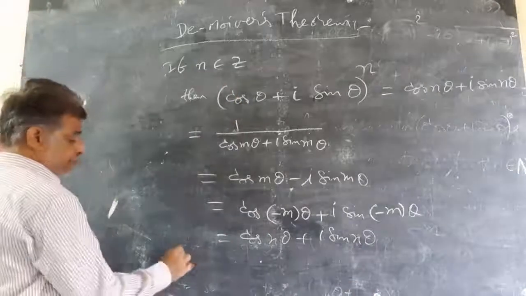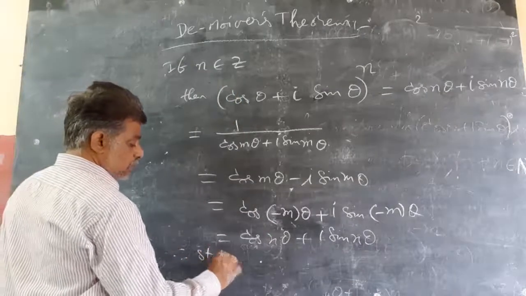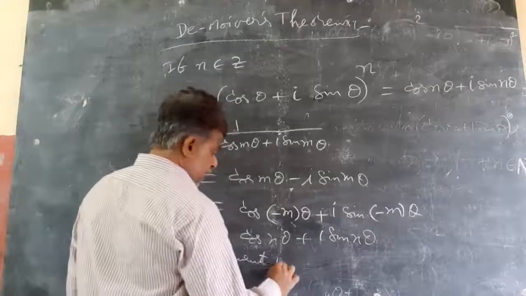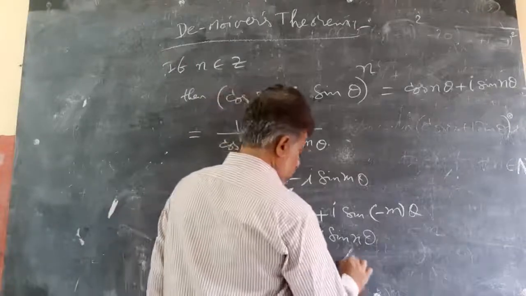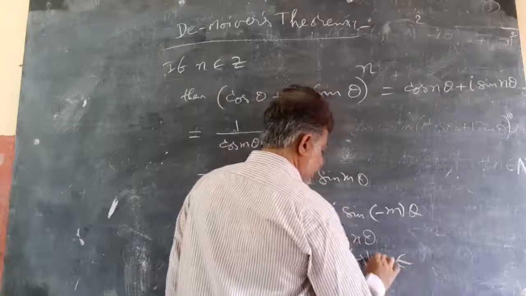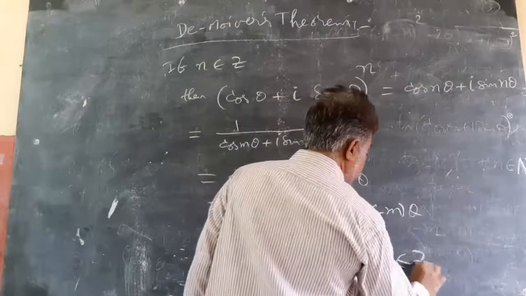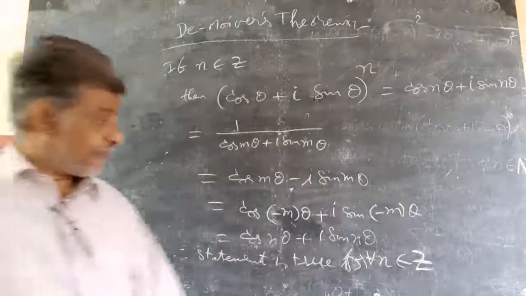Therefore, the statement is true for every n belongs to Z: positive integers, 0, negative integers. That means the statement is true for every integer.